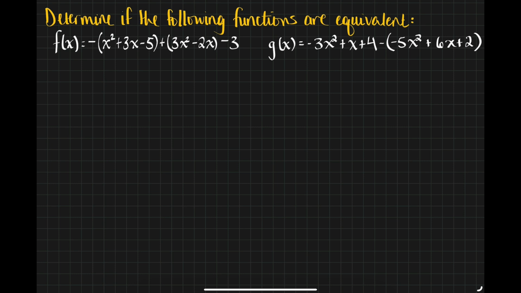So even one case where the expressions are not equivalent is sufficient to prove that they don't represent the same expression overall and that they are not the same function.